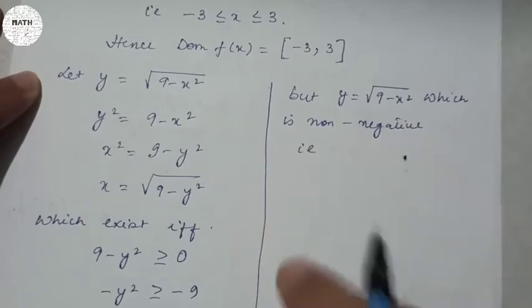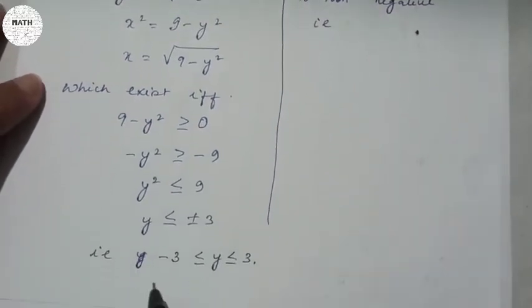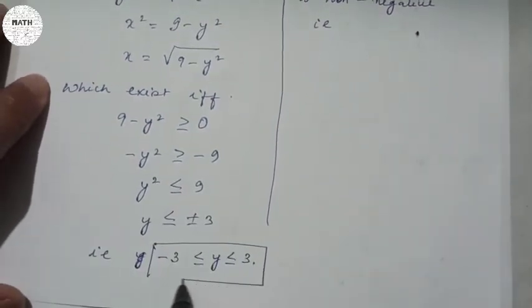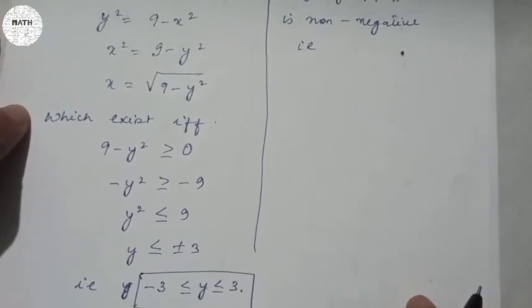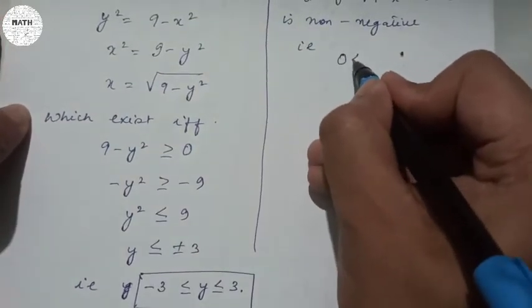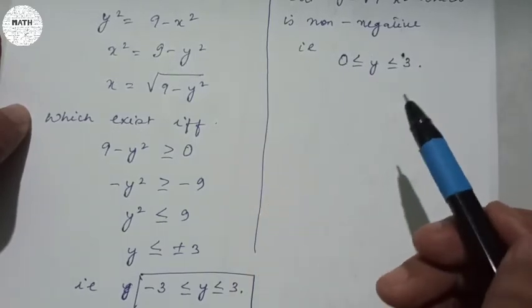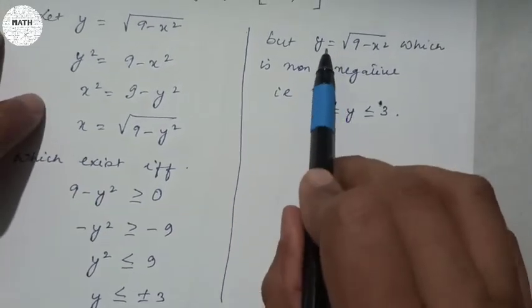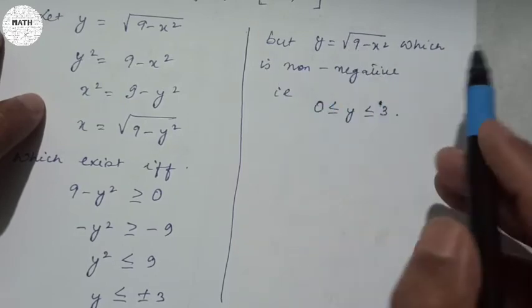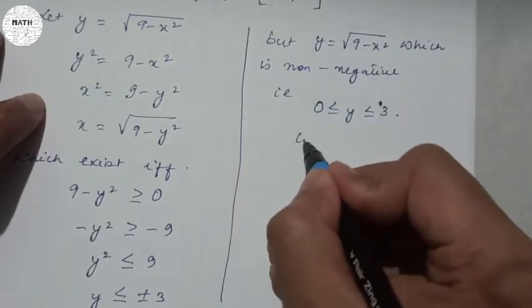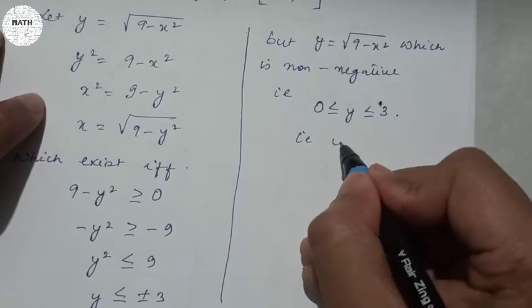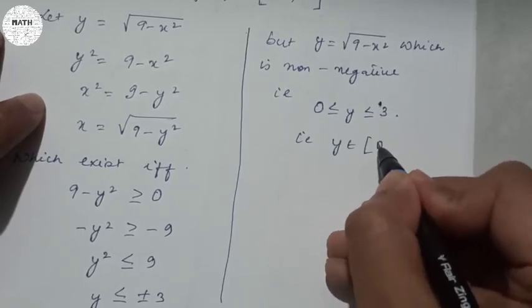So your non-negative means this one would change into what? It will be 0 less than equal to y less than equal to 3, because less than 0 are all negative terms, and it's given that y is equal to root over 9 minus x squared, which is non-negative. Yes or no? So hence I can say that y belongs to 0, 3.